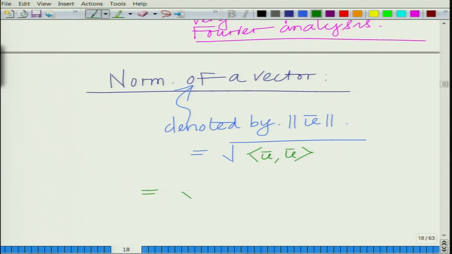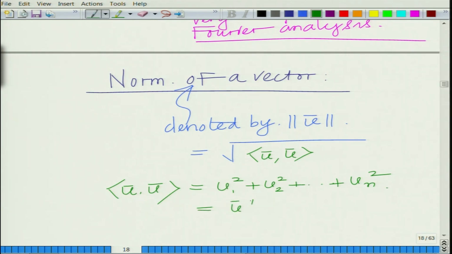For a real vector, the inner product of u bar with itself is u1 square plus u2 square plus so on un square, right, which is nothing but u bar transpose u bar.